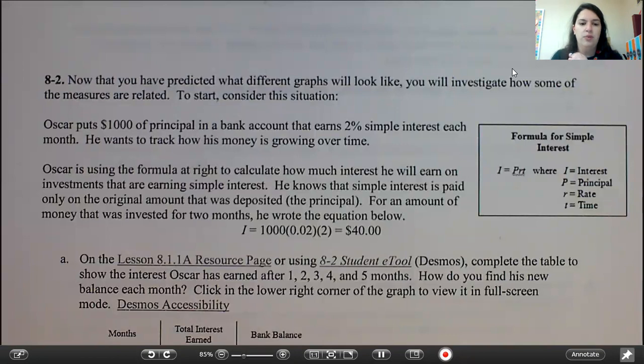Oscar is using the formula at right to calculate how much interest he will earn on investments that are earning simple interest. He knows that simple interest is paid only on the original amount that was deposited, the principal. For an amount of money that was invested for 2 months, he wrote the equation below. I equals 1,000 times 0.02 times 2 equals $40.